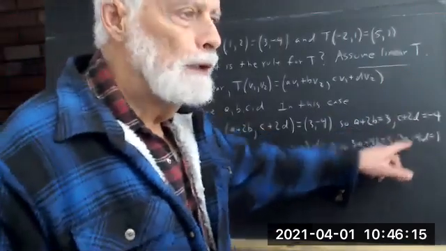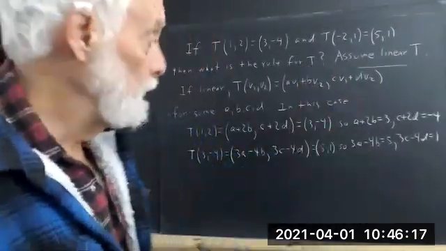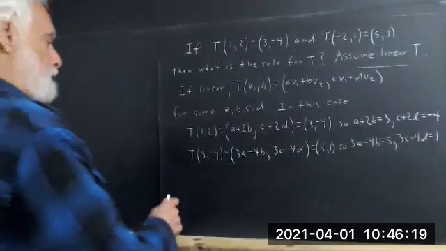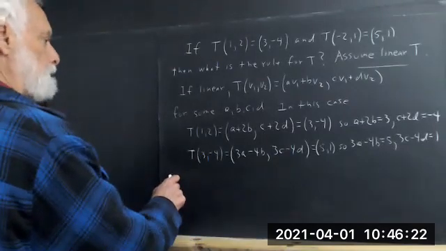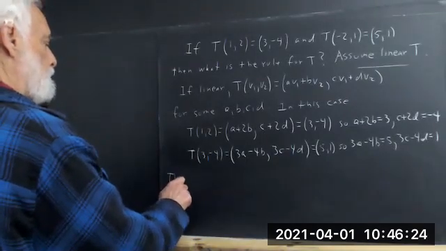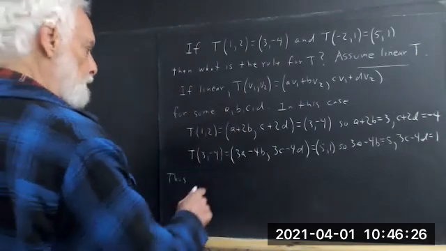Now we have 4 equations and 4 unknowns. So we can write down the 4 equations.